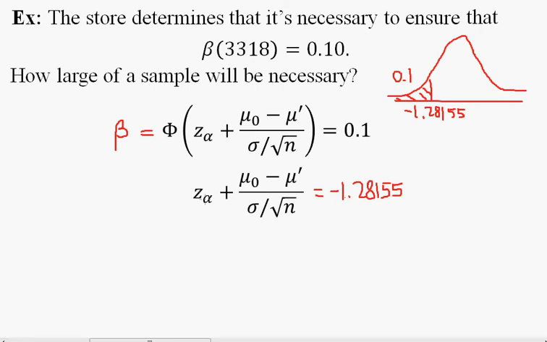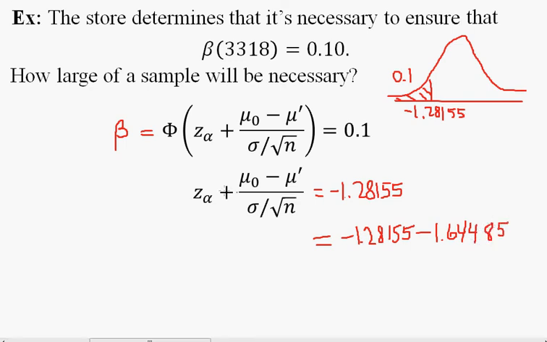To do that, first let's bring the z alpha to the other side, and then divide down. So we have negative 1.28155 minus the z alpha that I had before, which was approximately 1.645, I believe 1.64485.